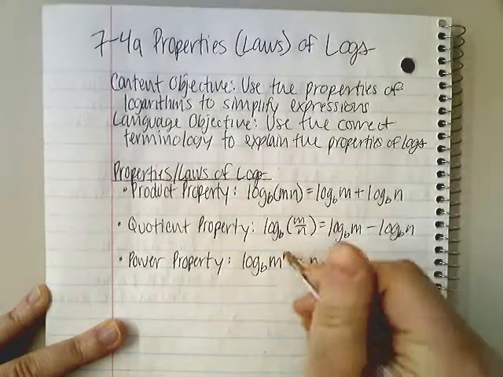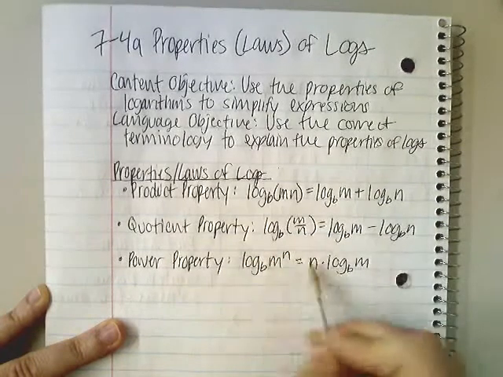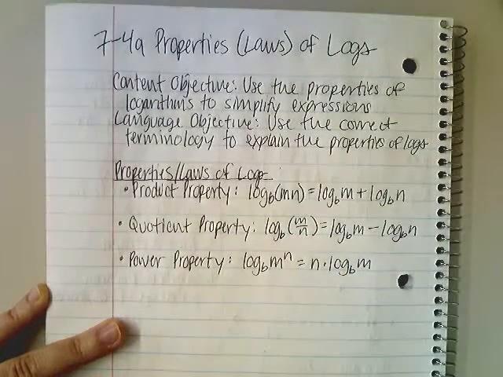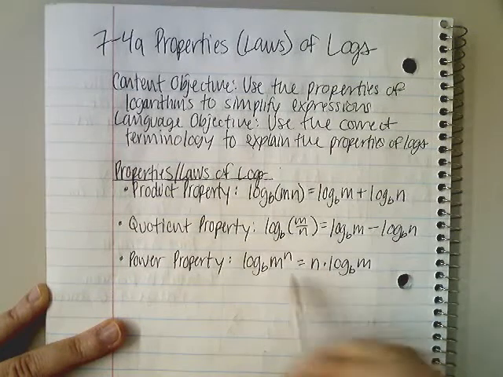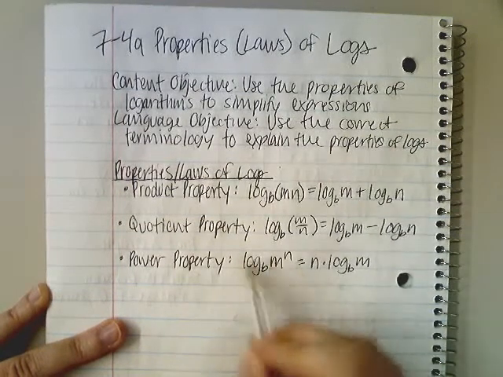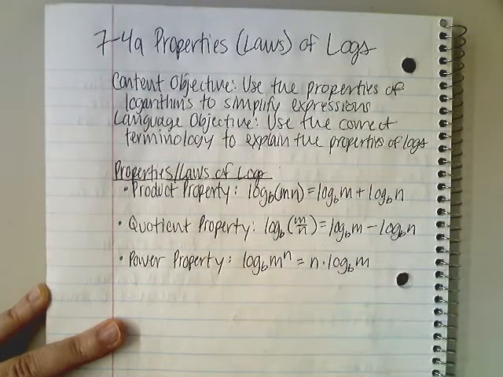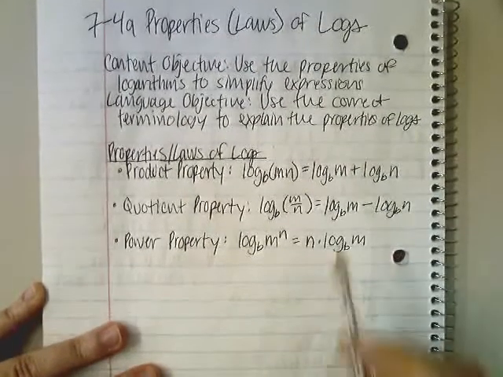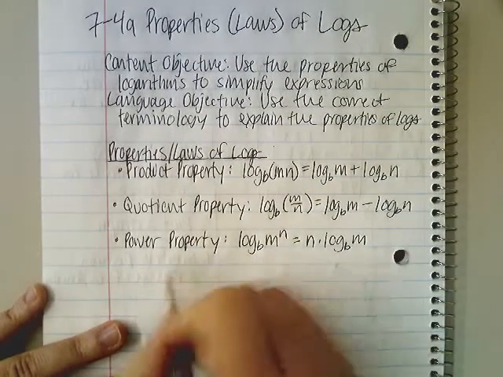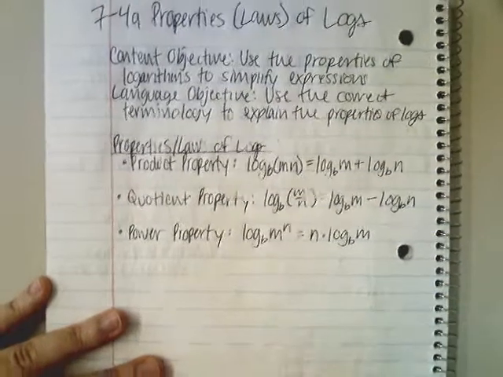So I'm allowed to bring this to the front and multiply them because my power rule for exponents says when I raise a power to a power, I multiply them. Same thing applies here. Since logs calculate exponents, I'm raising it to a power, I can multiply them. This is actually going to help us solve later on, so keep this one in mind. It's going to be particularly important.